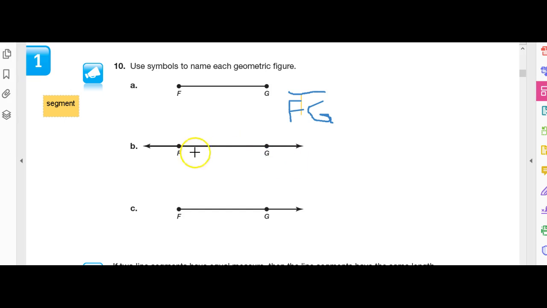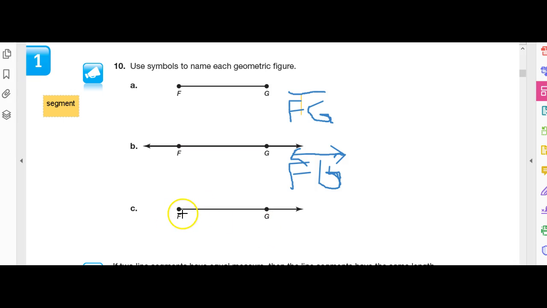This is segment FG. And then for the line FG, we put the line over it, and because it continues forever, we put the arrows over it, and now we know we're talking about the line FG.